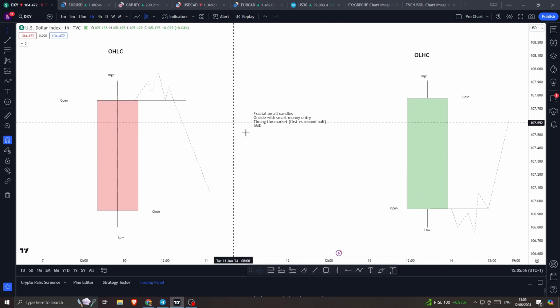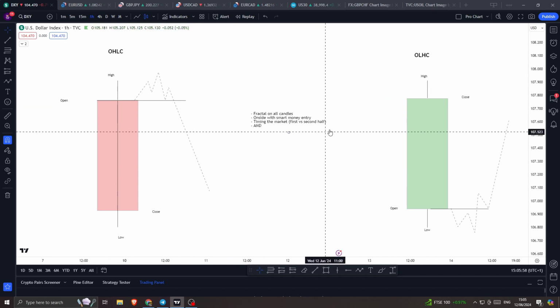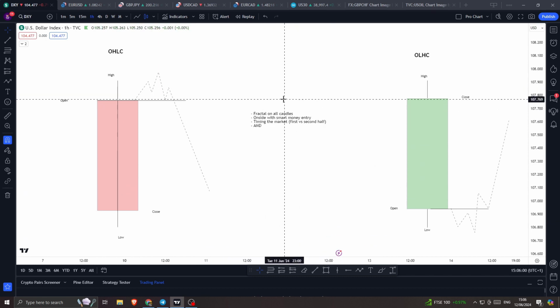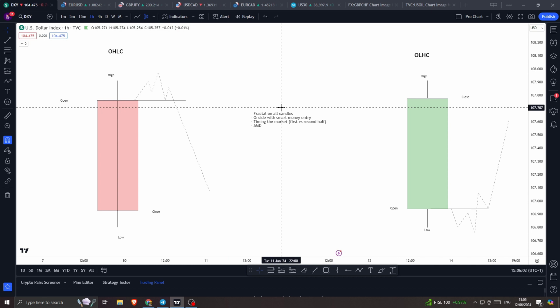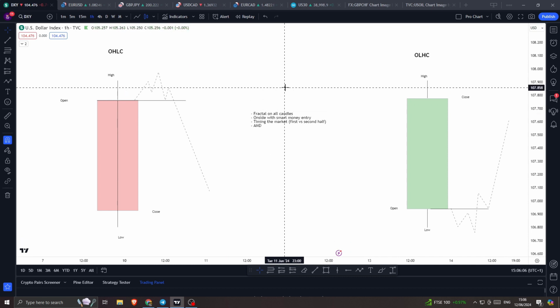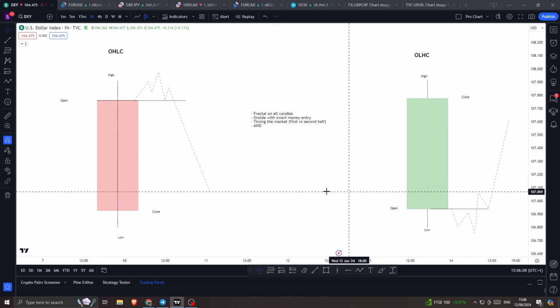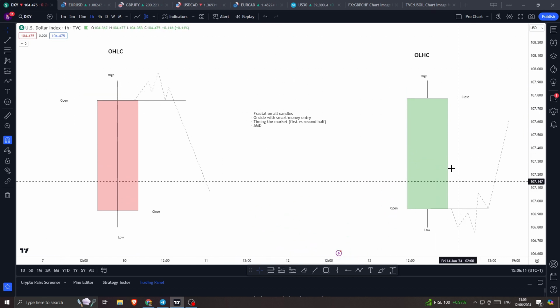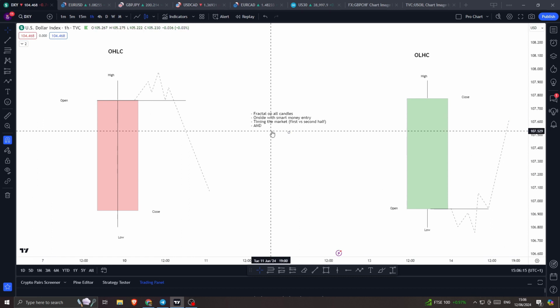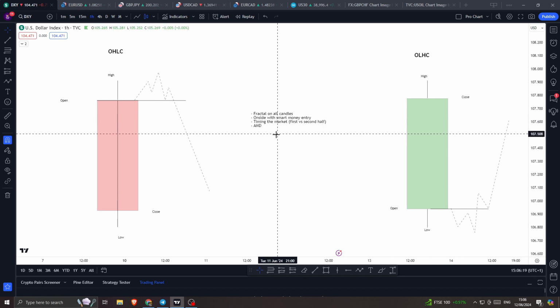Everything I've said here stands strong by itself, and it could be a model in itself. And I have traded this before as a model on its own, and it was quite consistent and it worked. But when I integrated this same methodology of thinking alongside the rest of my rule-based system, that's when I really started to see some consistency in my entries.